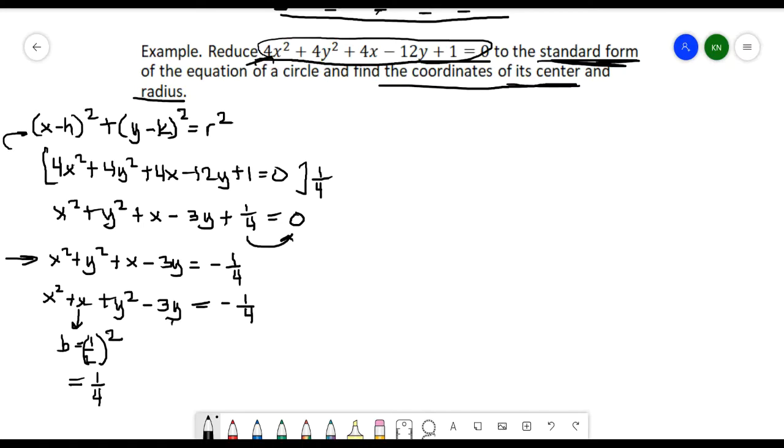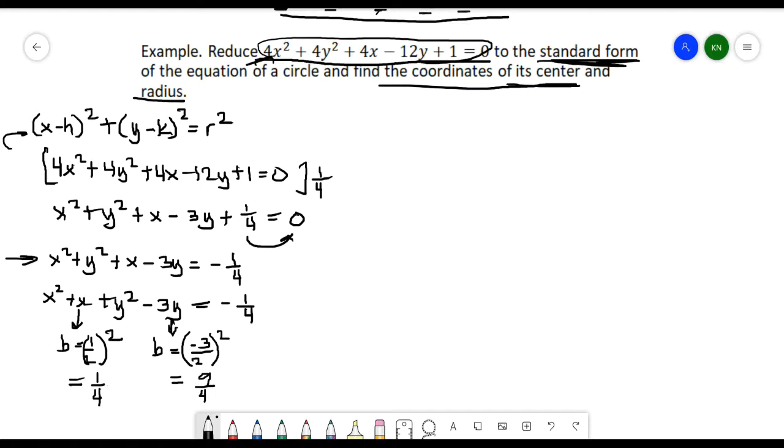Now for this one, negative 3 is our b. So that's negative 3 divided by 2, and then you need to square that. That is equivalent to 9/4. Now after you get that, you need to add the value to your equation.